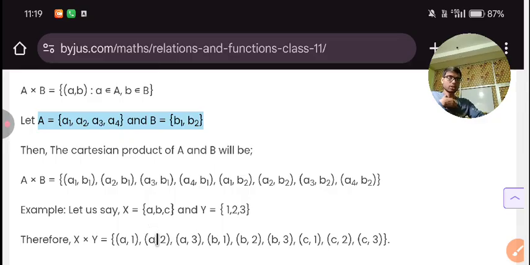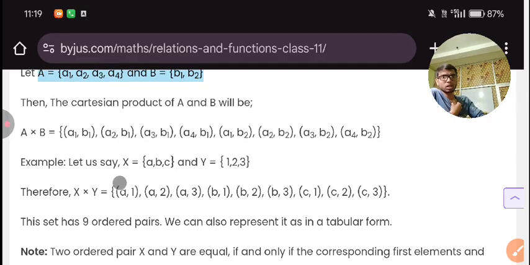Here we have an example. Let's say x, this we have. So this is a Cartesian product of these two sets. Let's say we have A, B, C, and then 1, 2, 3. These are elements. Then what would be the Cartesian product of the set? Just x multiplied by y, and we know a comma 1, b comma 1, c comma 1, then a comma 2, b comma 2, c comma 2, then a comma 3, b comma 3, c comma 3.